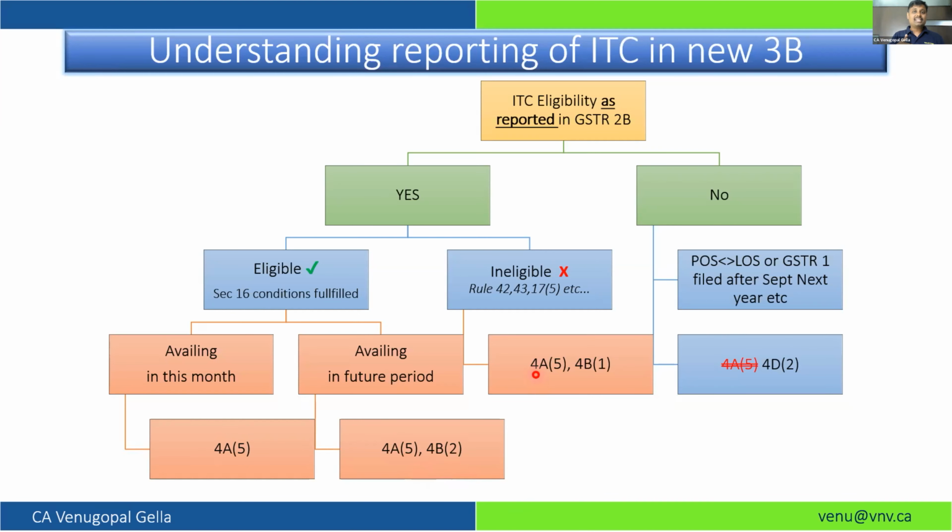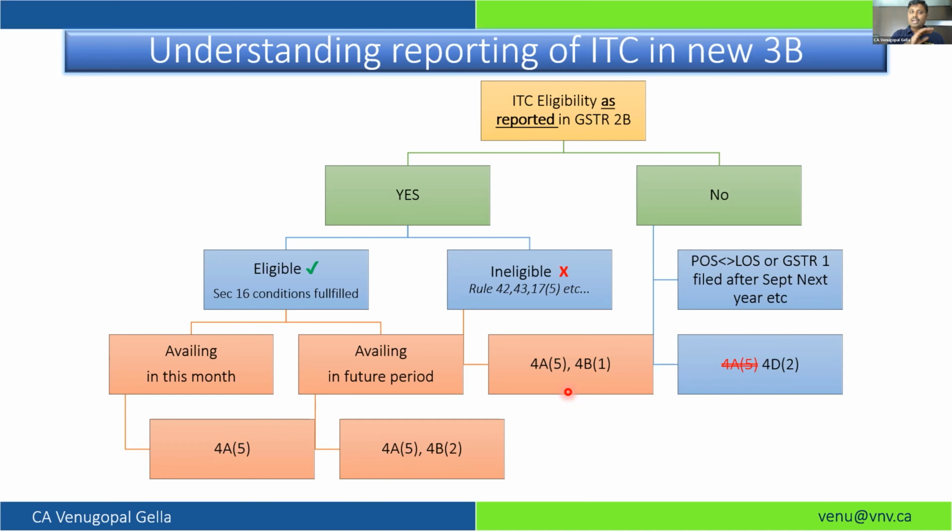Credit appearing in the same month and you are not going to avail it at all, it is 4A5 and 4B1. So whether you are availing or not availing, the common thing you can see is 4A5. And when you are not availing the credit, you will choose whether you are going to avail it at a later point or you will never avail it.